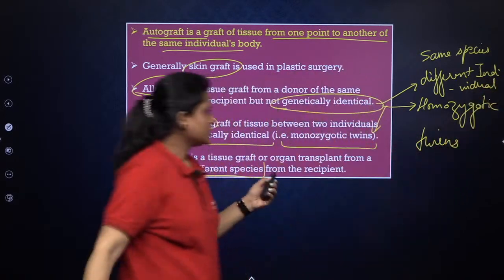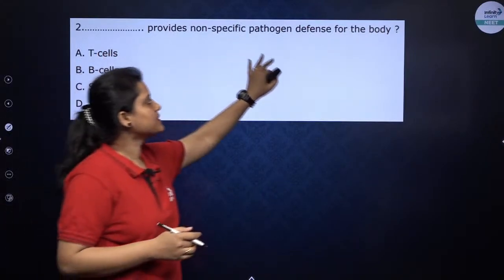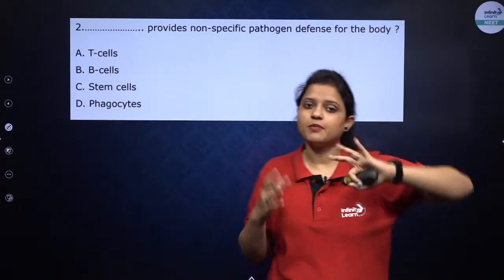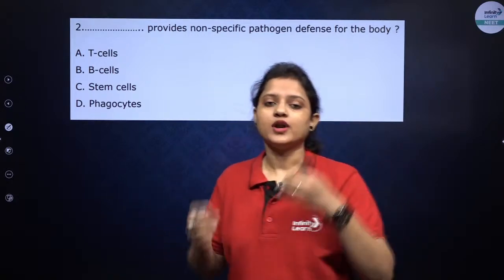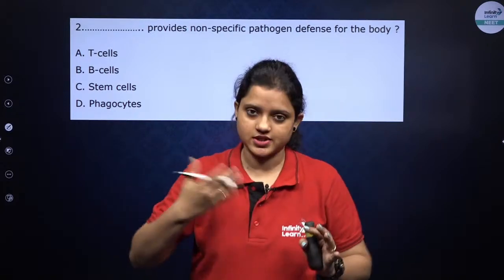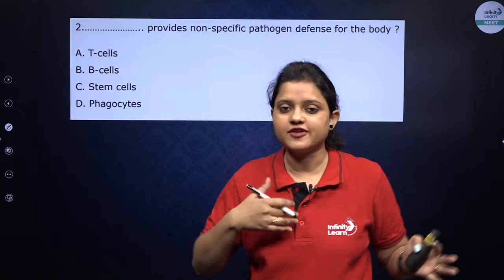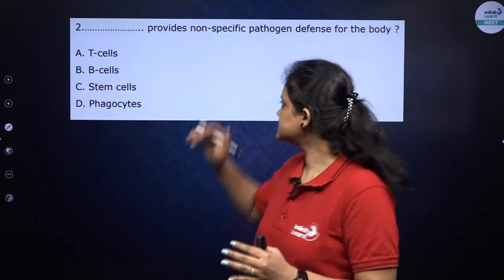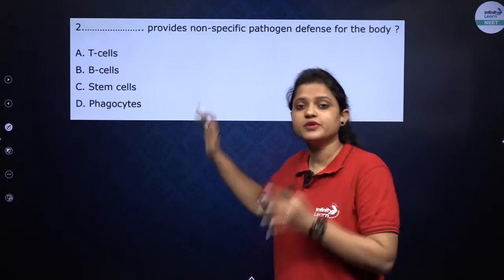Okay. Now next question. Dash provides non-specific pathogen defense for the body. See, if an antigen is entering our body and antibodies are produced because of the response of our defense mechanism, that is a specific type of immunity.